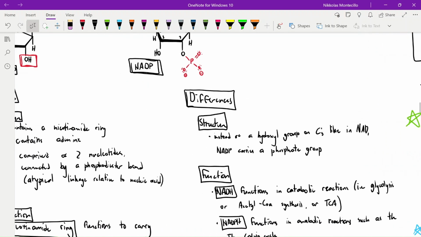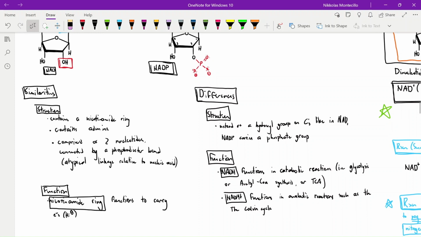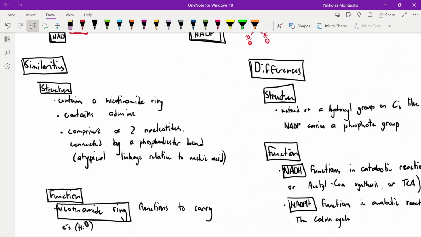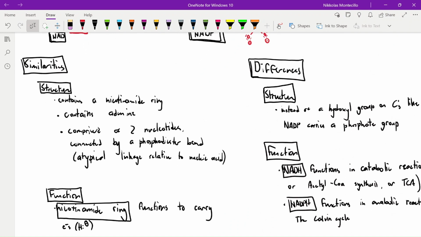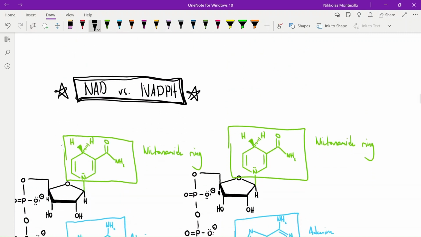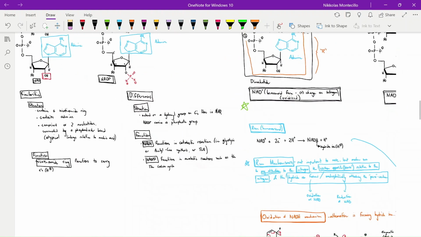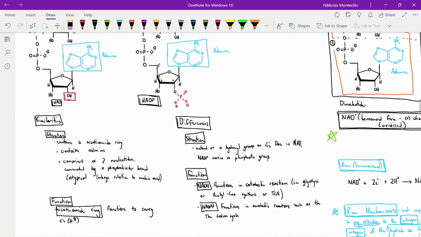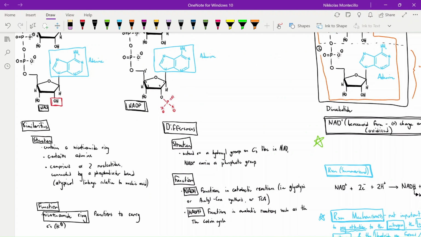They also have differences in function. Overall, NAD and NADP both share the function where the nicotinamide ring carries electrons, right? We'll go through this reaction in a bit on how the electrons are carried by this ring, but for now, just understand that the nicotinamide ring functions to carry electrons.